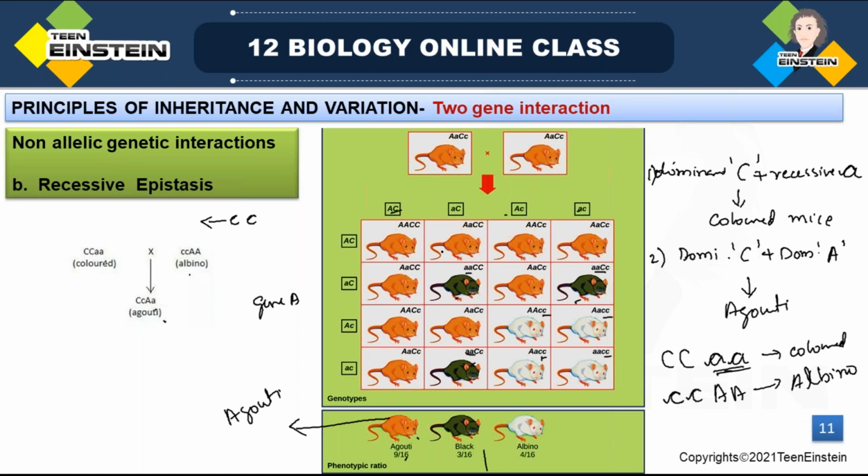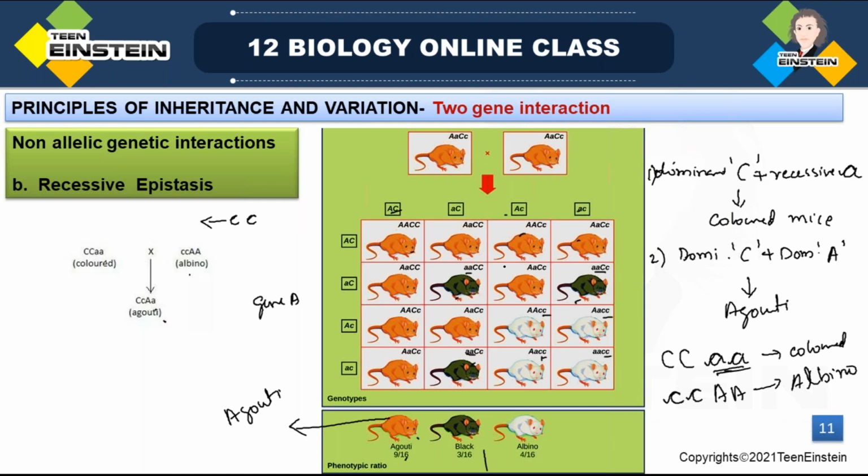Agouti, when it is in heterozygous condition, all those will give agouti mice. So this is the example for recessive epistasis. When it is coming in recessive condition, that forms an epistatic effect. Got it? Recessive epistasis.